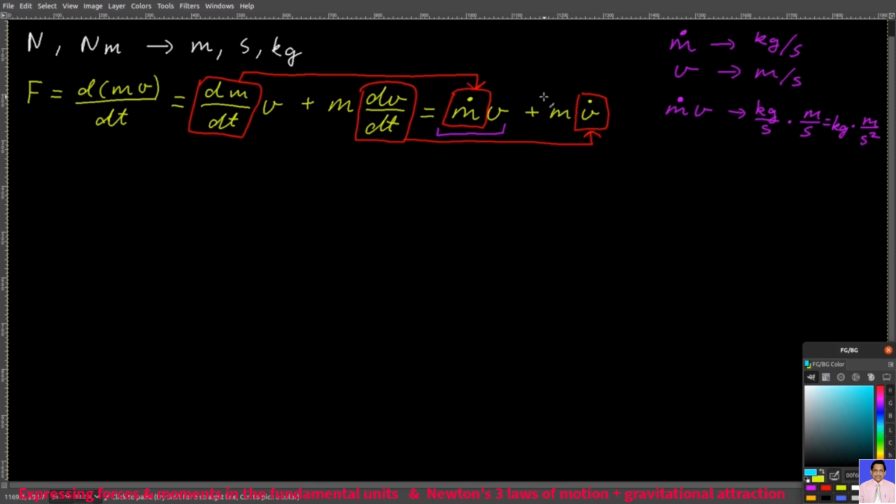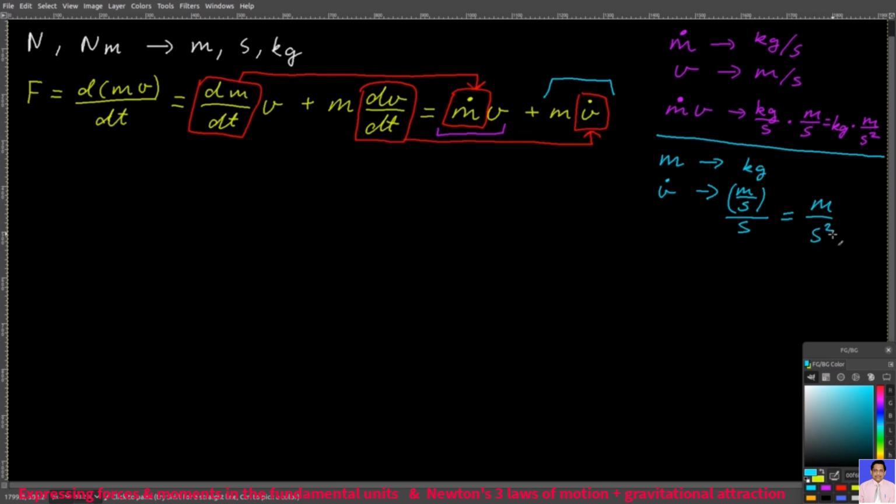Let's now check the second term, m times v dot. M is your mass, so its unit is kilograms, and then v dot, that's the change of velocity with respect to time. So that's meters over second, or simply meters over second squared.